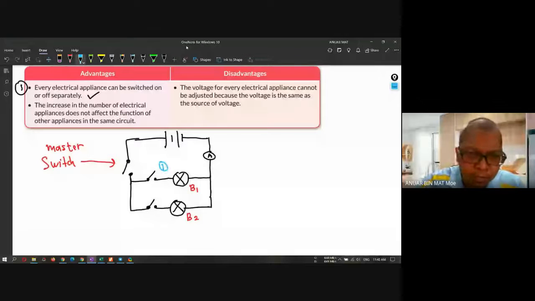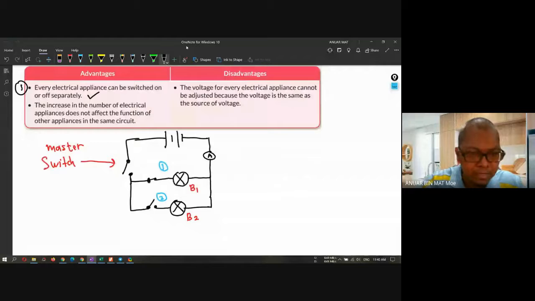Right? So if I want to turn off bulb number 2 and I want to keep bulb number 1 lighting, I just do it like this. See?